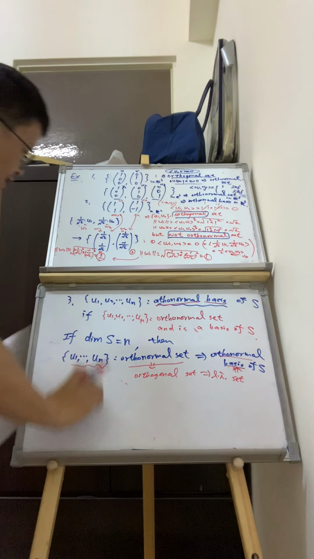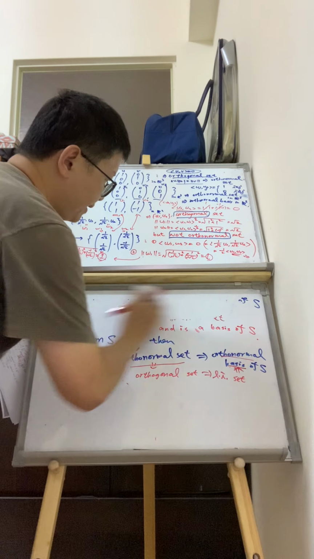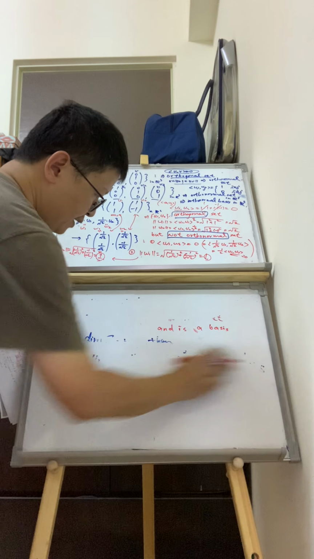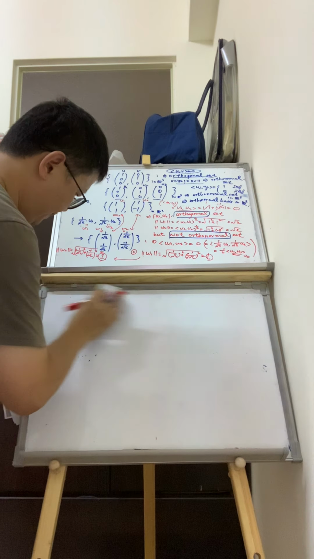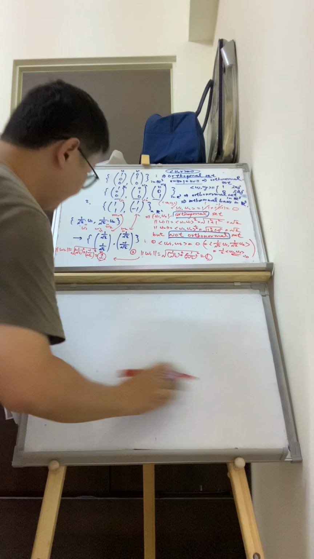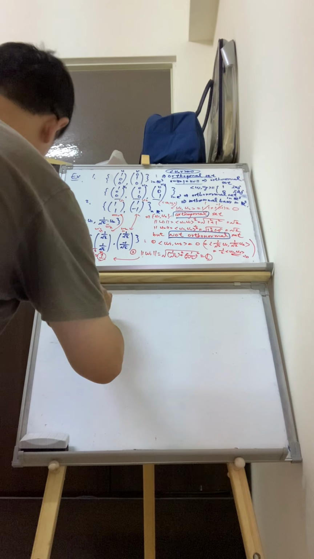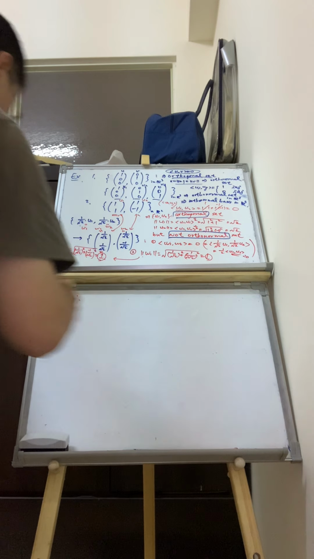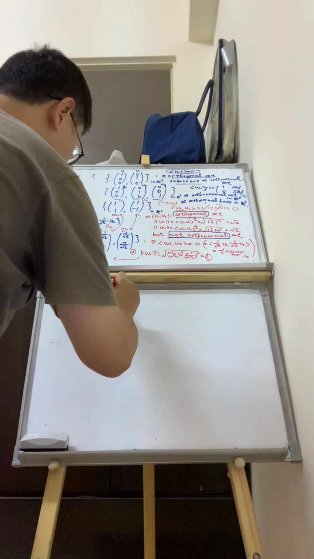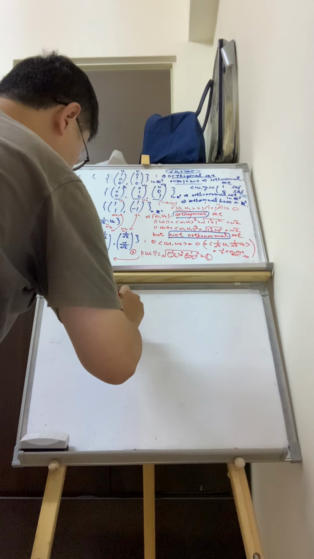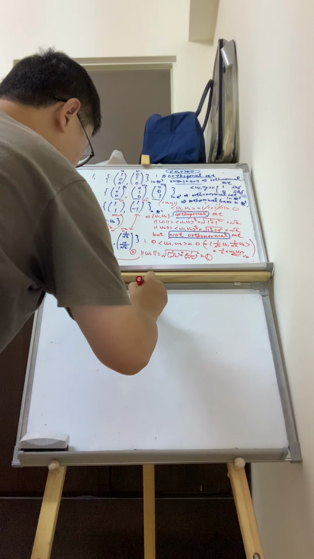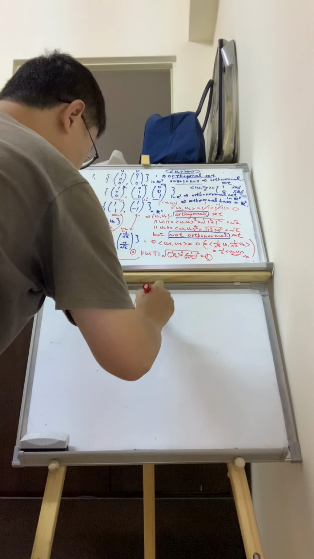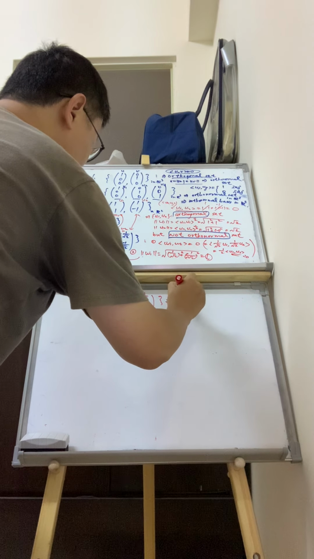So indeed, the set 1 over square root of 2, 1 over square root of 2, and 1 over square root of 2, negative 1 over square root of 2 is also orthonormal.